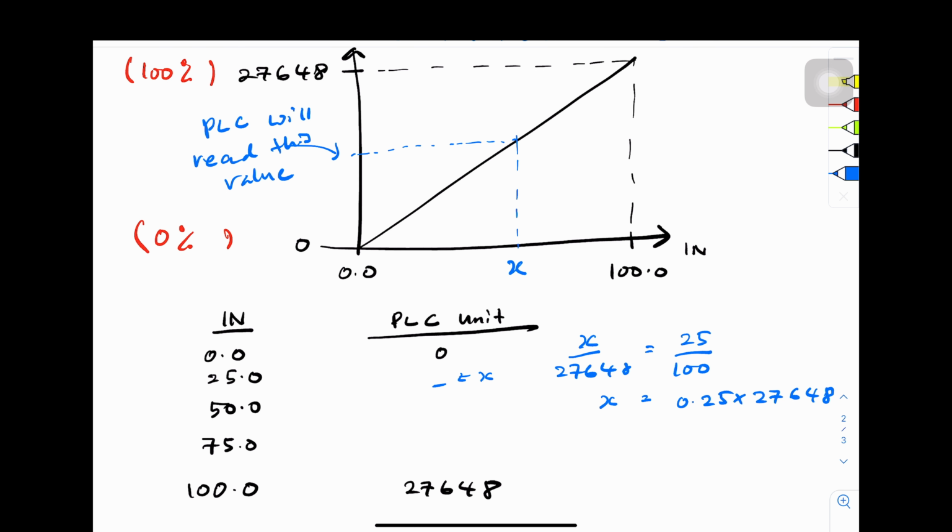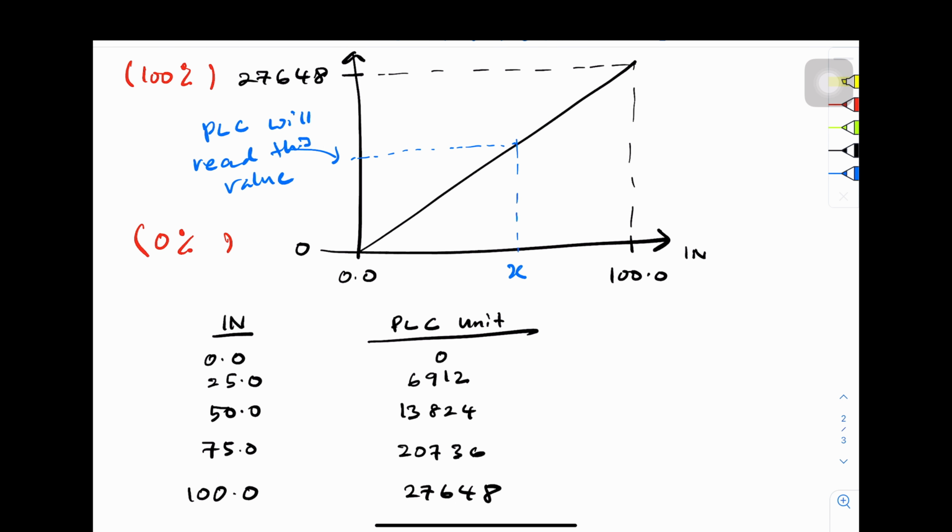27,648. So the value we get for that one is 6,912. Okay, we can do the rest for 50 and 75.0. So I'm finished calculating.